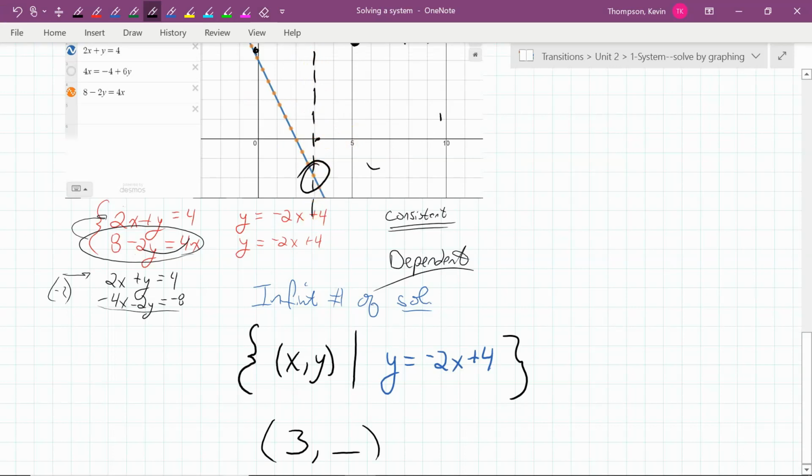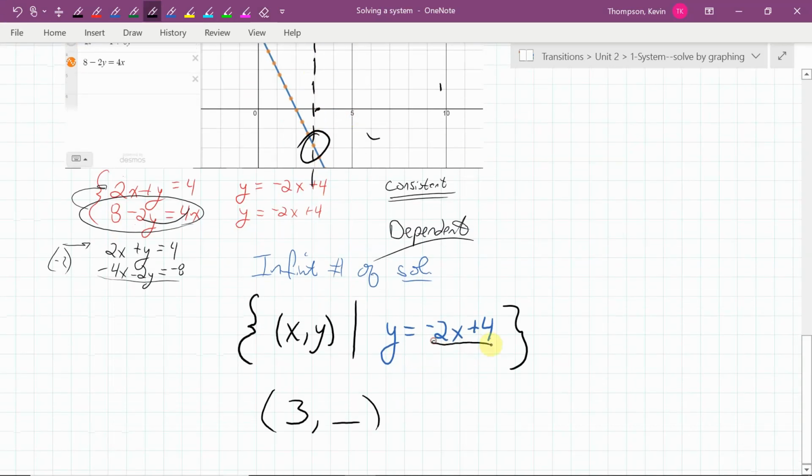So shouldn't the solution be there, or that y coordinate, whatever matches it? And that's all this is saying. If I substitute a 3 in here, I get negative 6 plus 4, which is minus 2, which is actually what we see on the graph. So really what we're saying is, yes, infinite number of solutions. It's just that the y value should always follow this pattern. Why this pattern? Because it's the line.